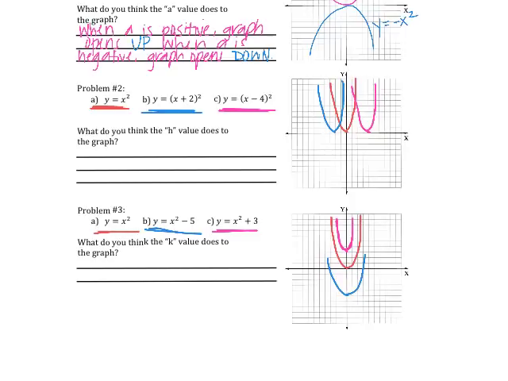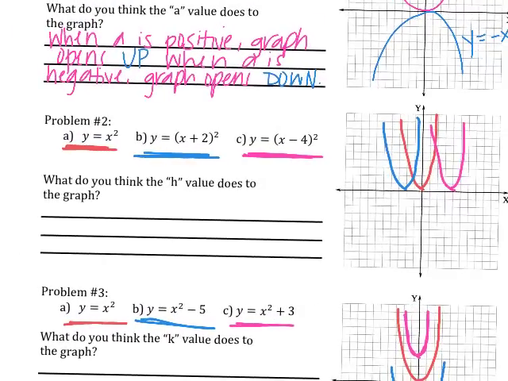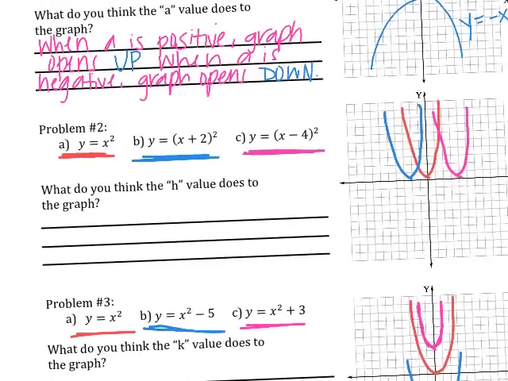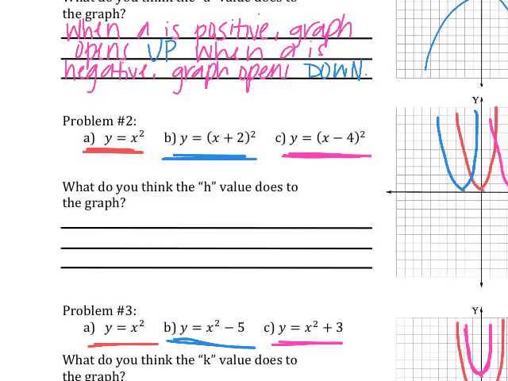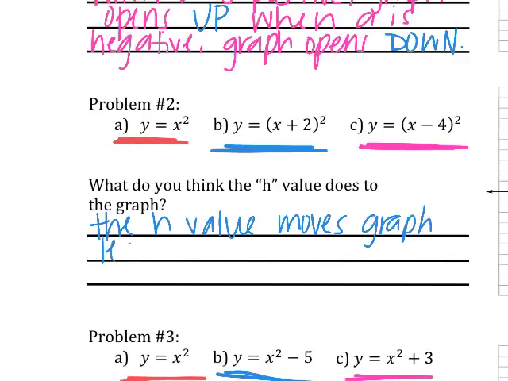All right, so what did you learn? Problem 2, what did we learn? What does that H value do to the graph? Moves it. Moves it what? Good, left or right. Okay. The H value moves the graph left or right.